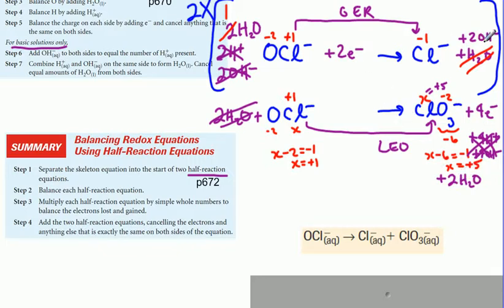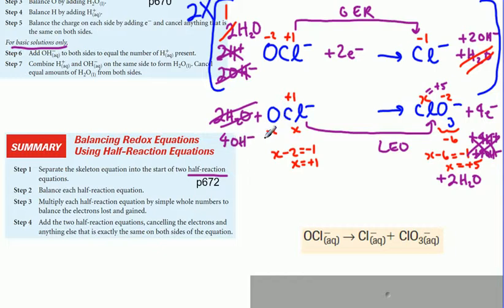There is 2 hydroxide times 2 for a total of 4 hydroxide over here. And now I realize that when I added 4 hydroxides on this side, I actually forgot to add 4 hydroxides on this side. So there they are. So these 2 times 2, 4 hydroxides cancel these 4 hydroxides.